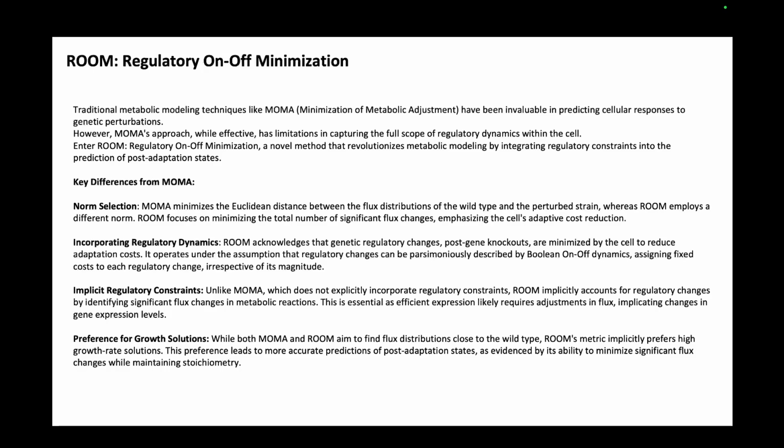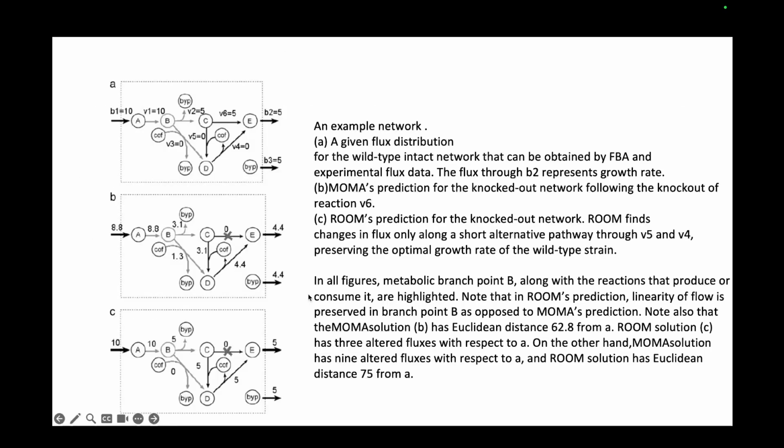So this is an example of three different models predicting three different outcomes. In this case, you start from B1 and end at B2 or B3. The idea is that in a knockout, this particular reaction, C to E, has been knocked out.